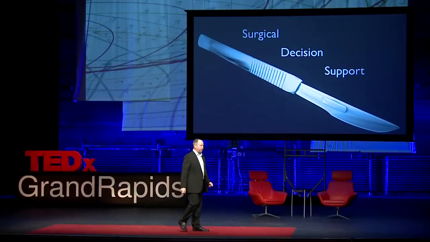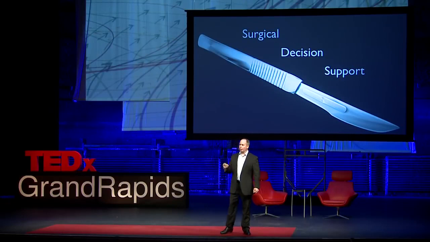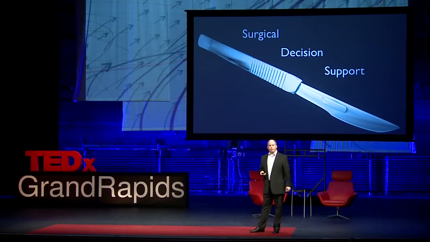Surgical decision support. This is something that's becoming more and more relevant, where genomics can help inform the surgeon. The surgeon at some point needs to answer the question, will surgery prevent or cure some disease? An example that's common right now is breast cancer.